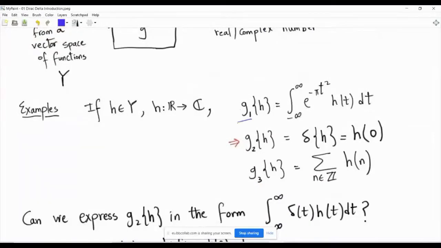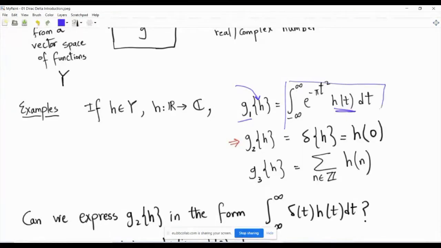Functionals can do things like this. This is an example of a functional G1. It takes a function h as an input, and it produces a scalar by doing this operation. It takes h of t, the input function, multiplies it by e to the minus pi t squared, and then integrates from minus infinity to infinity.